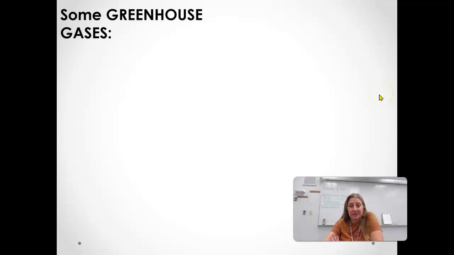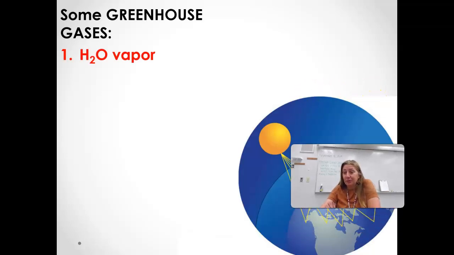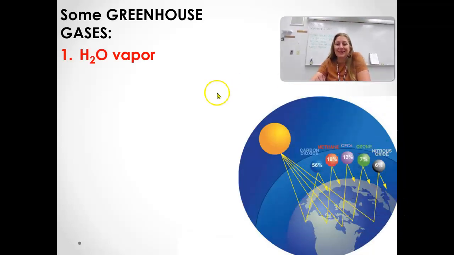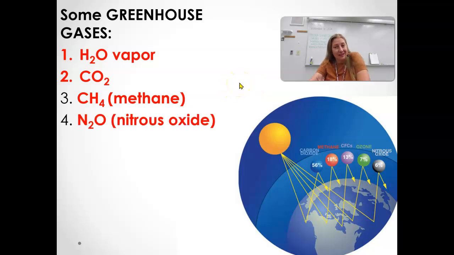So let's go through some of these greenhouse gases that College Board definitely thinks you should know. Here are some examples of greenhouse gases. Water vapor, H2O. Carbon dioxide, CO2. Methane, CH4. Nitrous oxide, N2O.